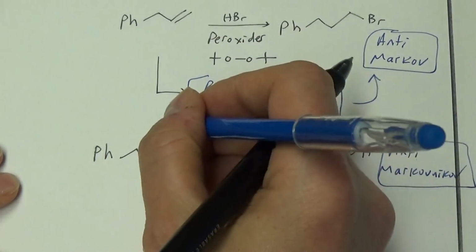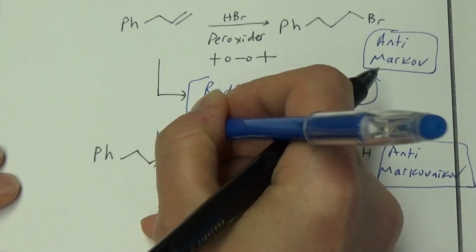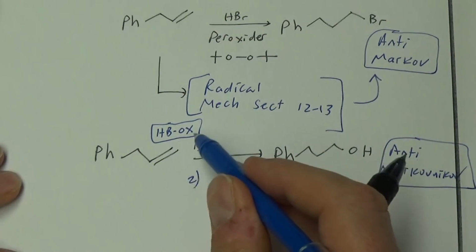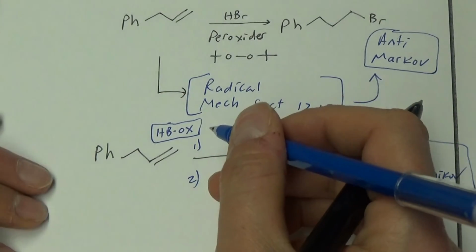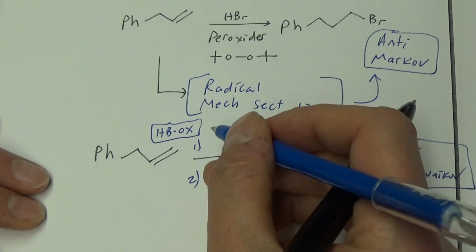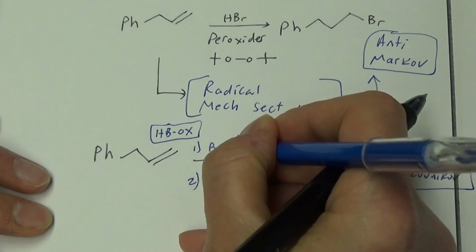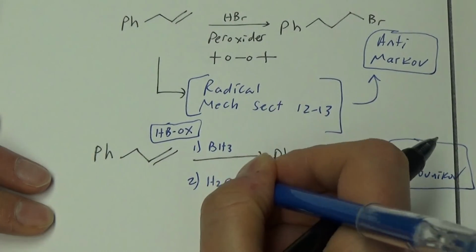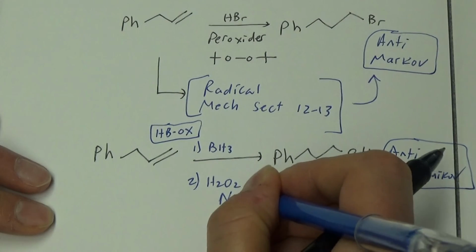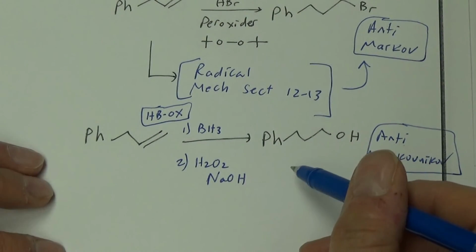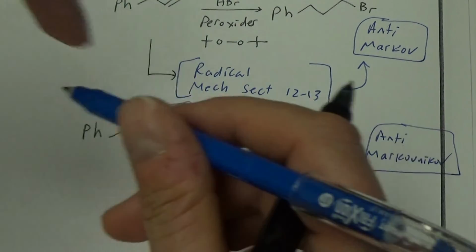My abbreviation for this one is HBOX, which is hydroboration-oxidation. So BH3 is step 1. Step 2 is H2O2 and NaOH, sodium hydroxide. BH3, H2O2, NaOH.